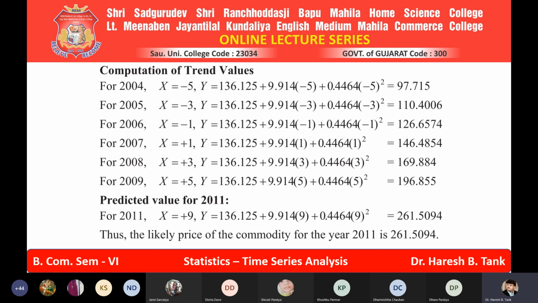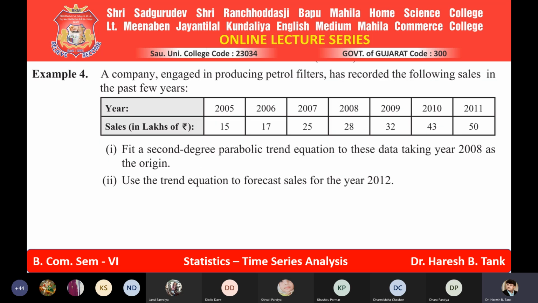You have to take the deviation from that midpoint and proceed similarly, even if it is a second degree parabola, right? Okay, fine. Now I want you to do it in less time than the previous example, right?